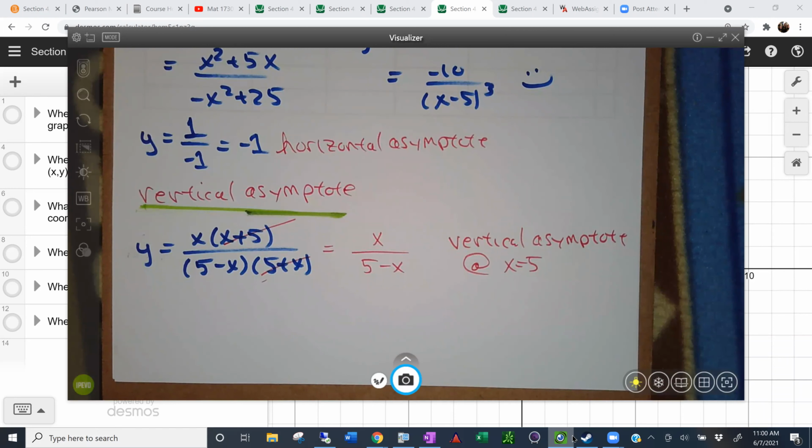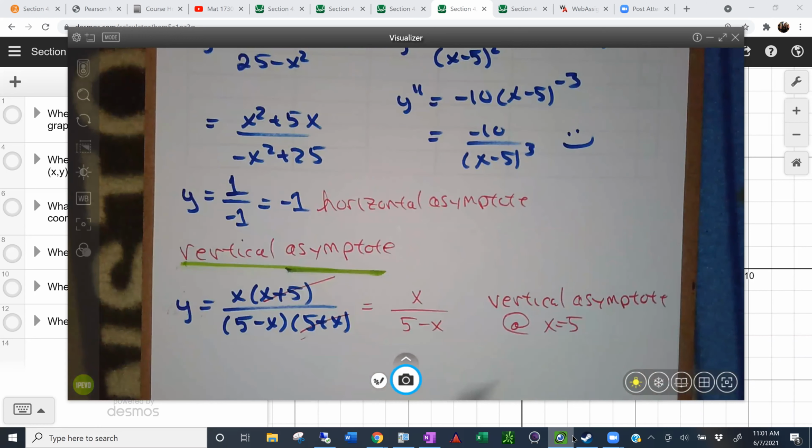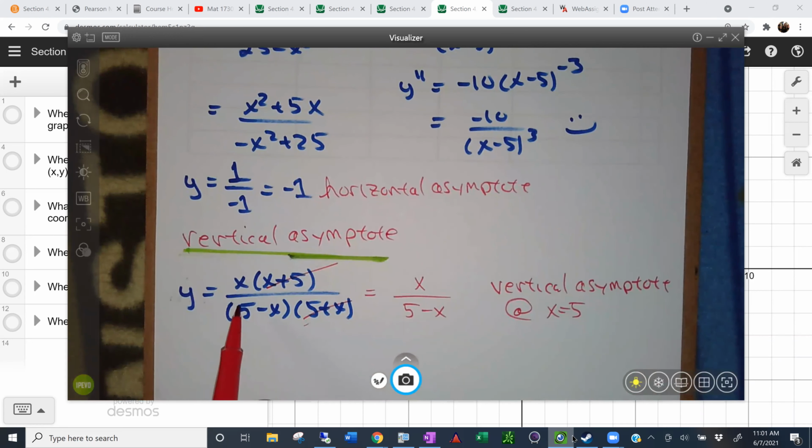Now, what's happening with this function at x equal -5? Well, you're going to get a hole in the graph. You're not going to get a vertical asymptote. And to figure out where you're going to get that hole in that graph, you could take a look at the limit as x approaches -5 of this.